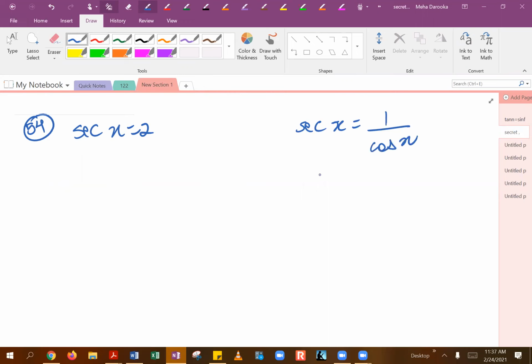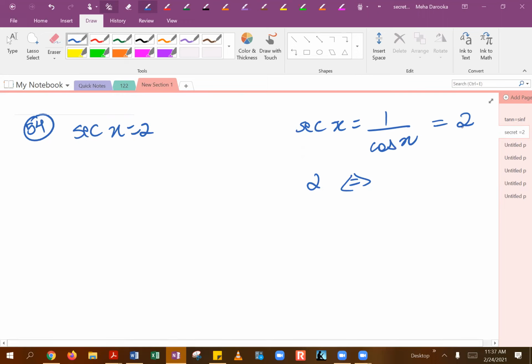So if you're saying secant of x equals 2, how will that translate into the 1 over cosine of x function? Because if secant of x equals 2, then that means 1 over cosine of x also equals 2.